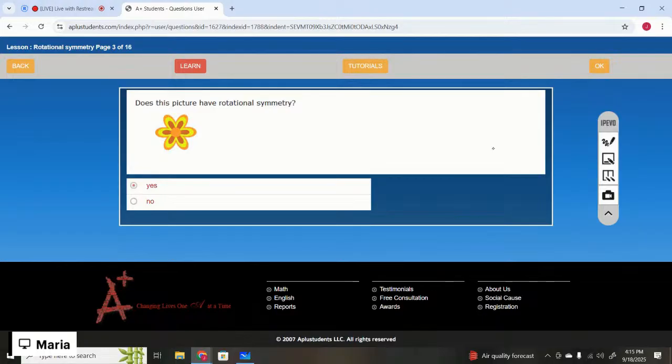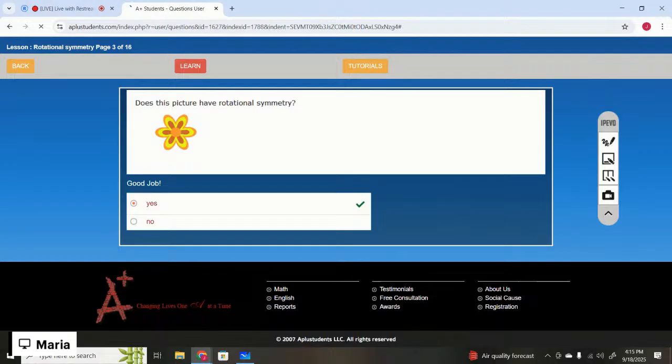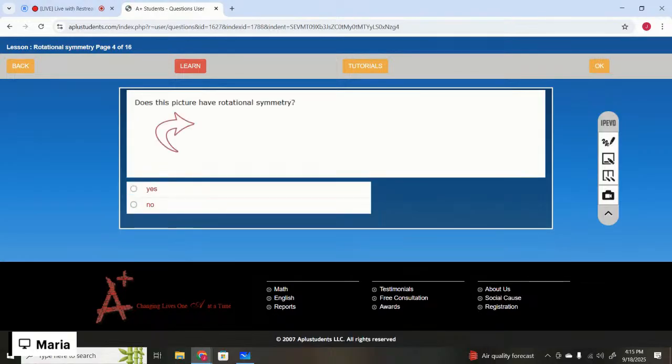Yes. Option number one is the correct option. Does this picture have rotational symmetry?